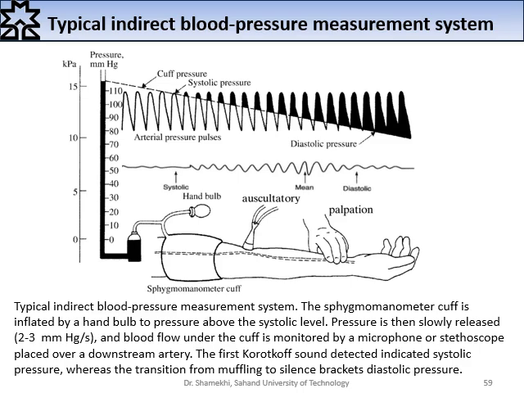In this slide, you can see the procedure of a typical indirect blood pressure measurement system. As you can see, the sphygmomanometer cuff is inflated by a hand ball to pressure above the systolic level.